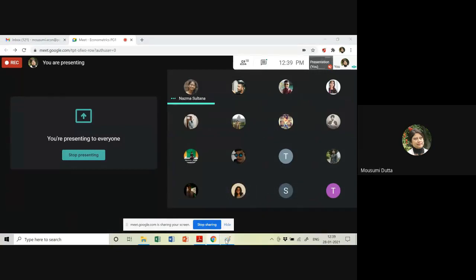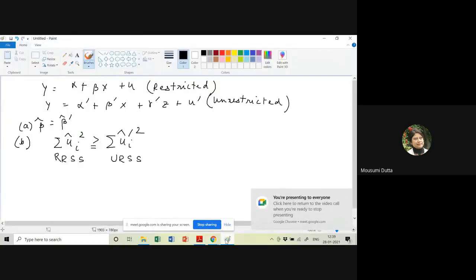So if we define the first model as the restricted model and the second one as the unrestricted model, it is possible that RRSS will be greater than URSS. In fact, under most circumstances we will have strict inequality, RRSS greater than URSS. If we consider the weak inequality, we can state the position this way: RRSS is greater than or equal to URSS. She is absolutely right.